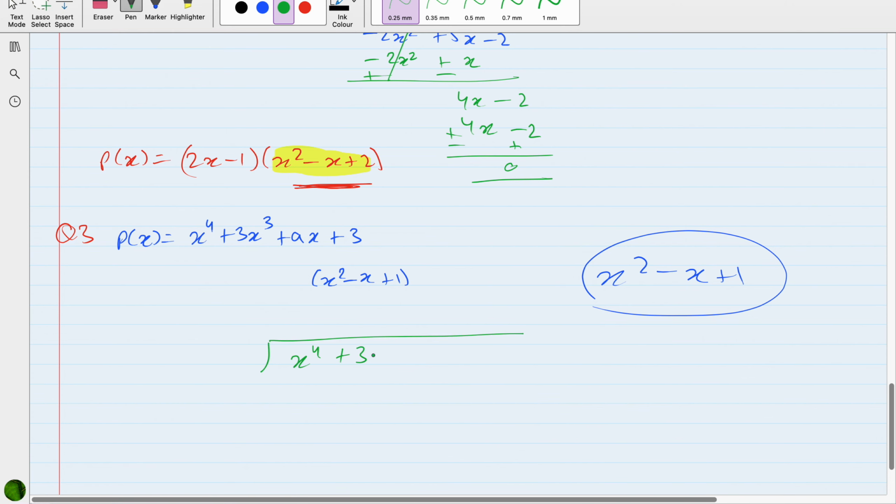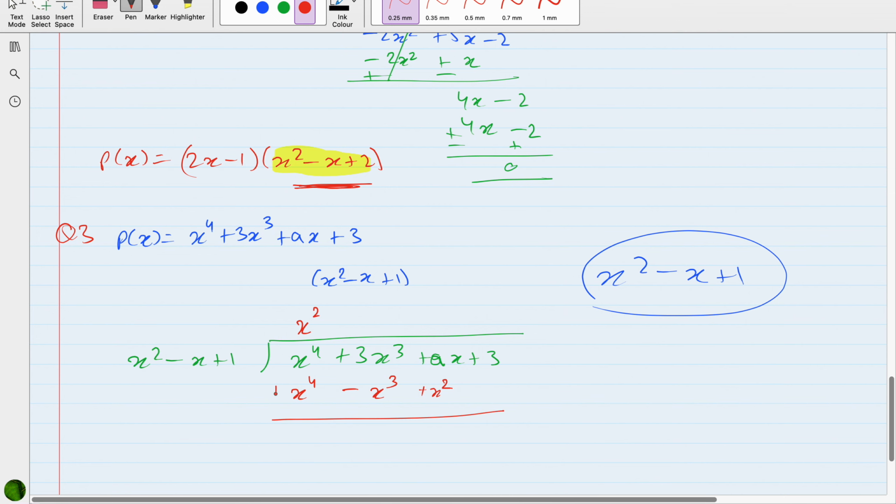So x4 plus 3x cube plus ax plus 3, and we divide it with x square minus x plus 1. First is x4, we simply multiply it with x square. X square into x square is x4, negative x into x square is negative x cube, 1 into x square is positive x square.